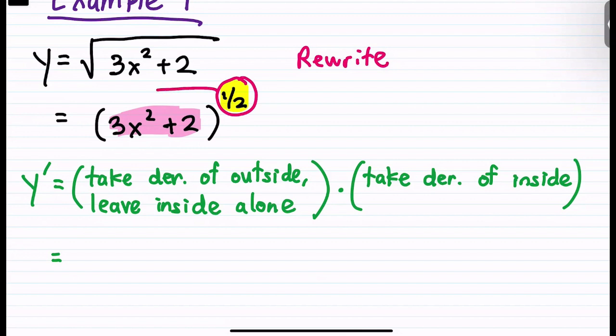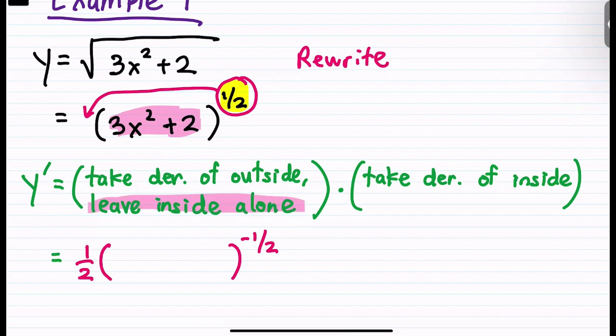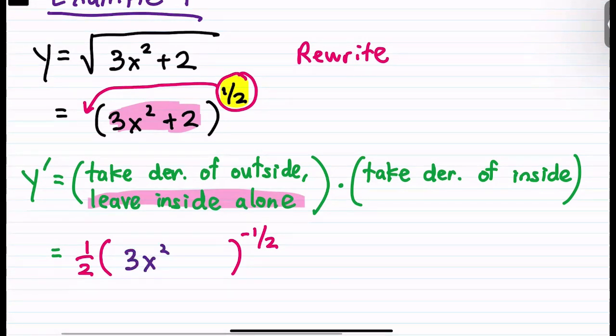We'll bring this 1/2 power to the front so that we have 1/2 as our constant. And remember, the power rule says to reduce the power by 1. So that is 1/2 minus 1, which is -1/2. And again, we leave the inside function alone.